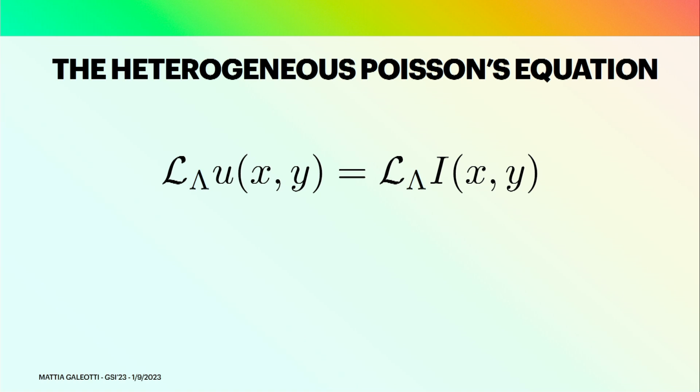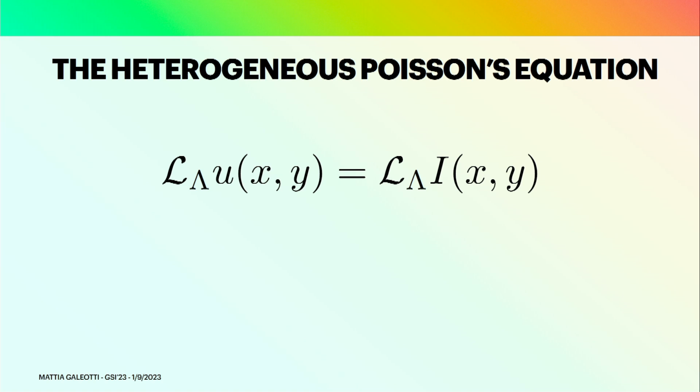So what we mean by heterogeneous Poisson equation is a differential equation where we use this L lambda operator that I introduced just before. On the right we have the action of the operator on the retinal input, and on the left we have the unknown function, which will be the solution of a reconstruction problem.